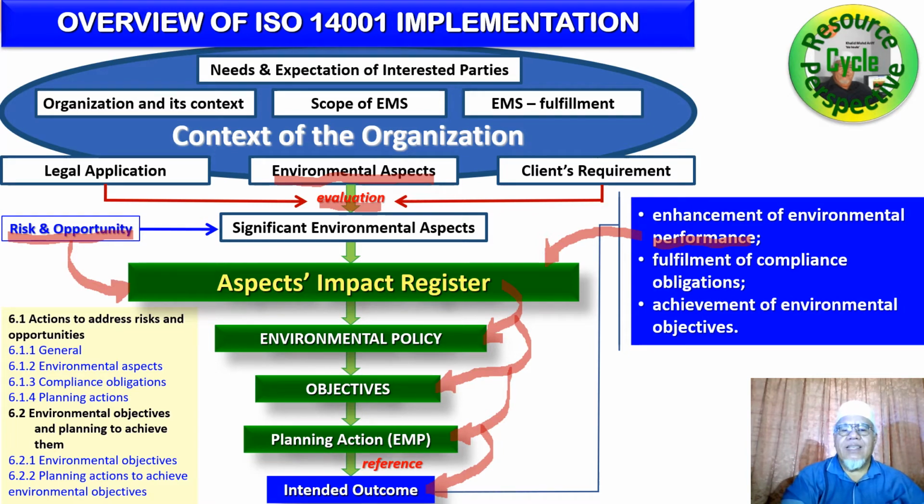It is reflecting our intended outcome, except that in this 2015 version, the intended outcome stipulated by ISO must include environmental performance somewhere in the objectives or targets, and must include our commitment in fulfilling compliance obligations to all the interested parties: governments, municipal and environmental agencies, suppliers, vendors, insurance, clients, etc.